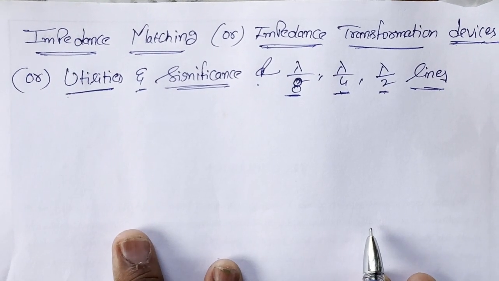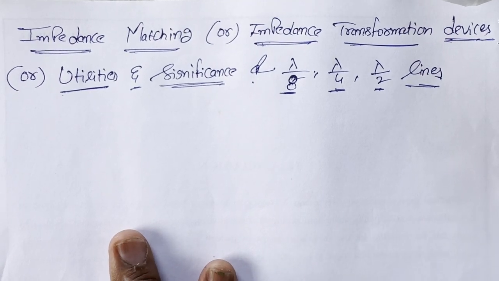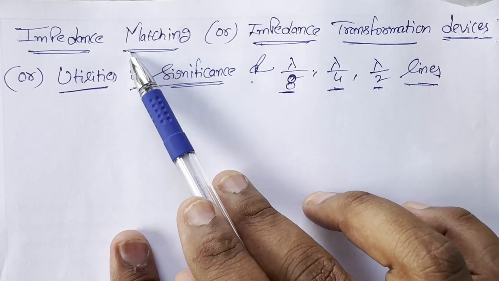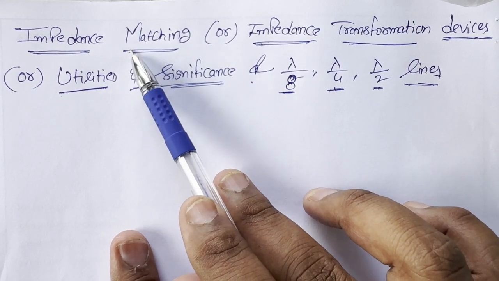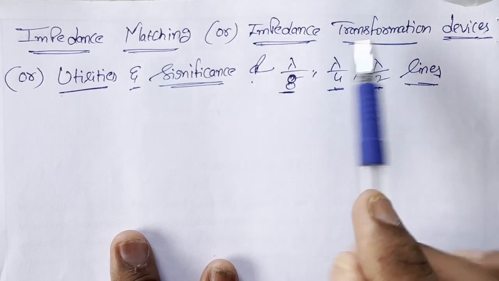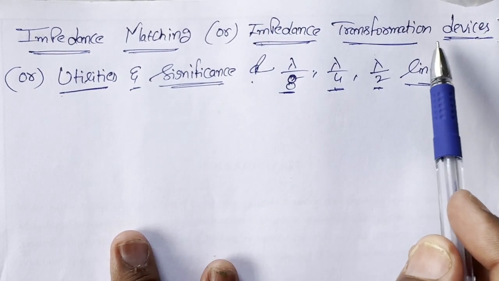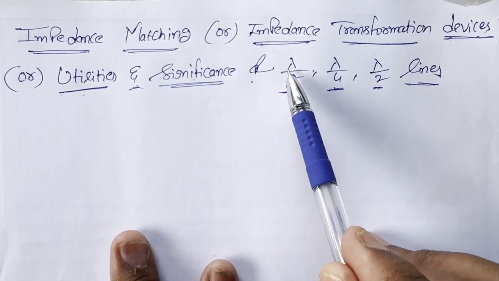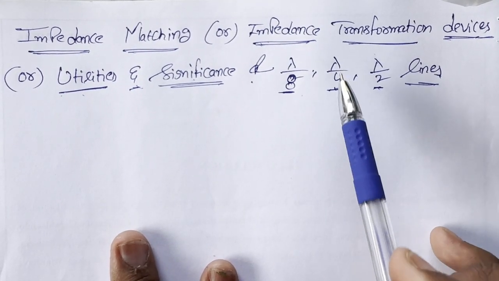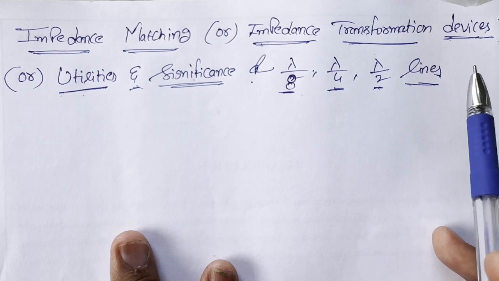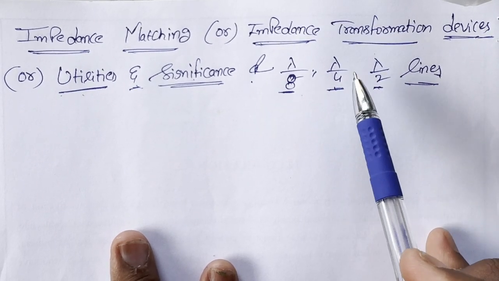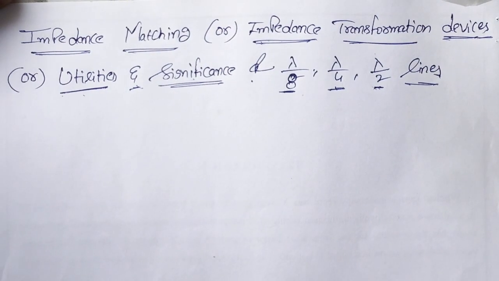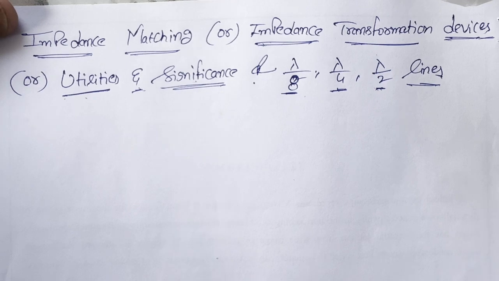That means a single topic, but the way of questioning is three ways. Explain about impedance matching, or impedance transformation devices or utilities, and significance of lambda by 8, lambda by 4 or lambda by 2 lines. Very important topic.